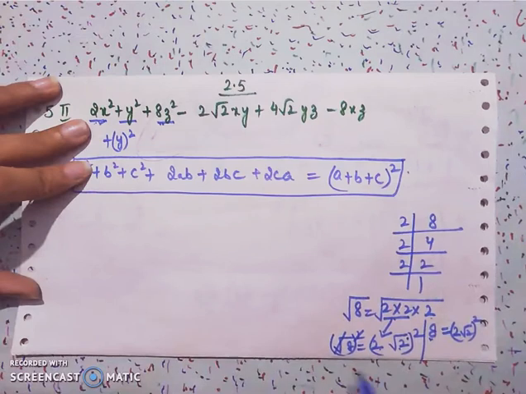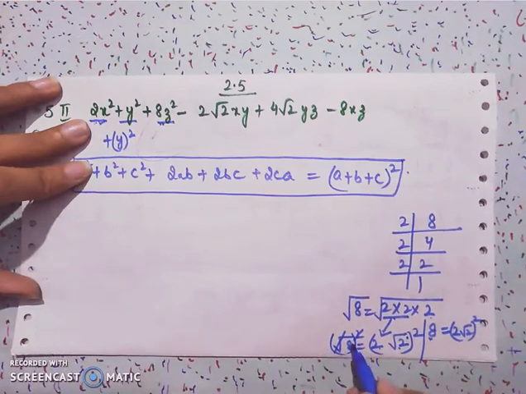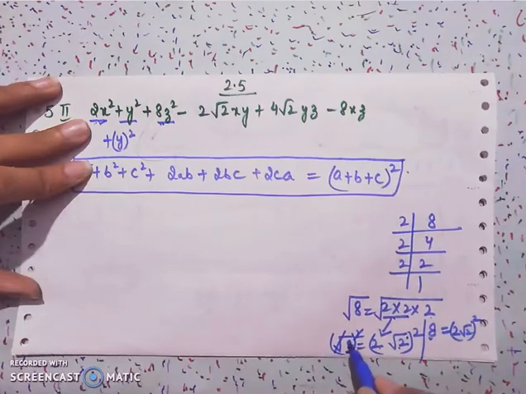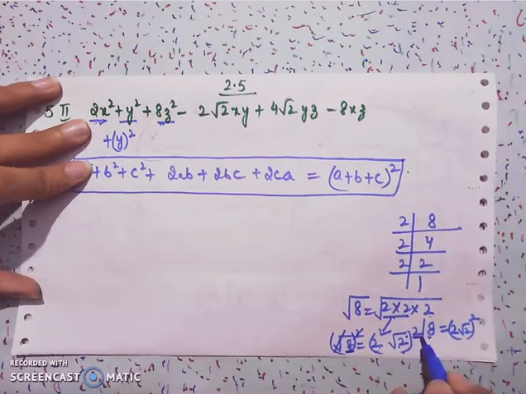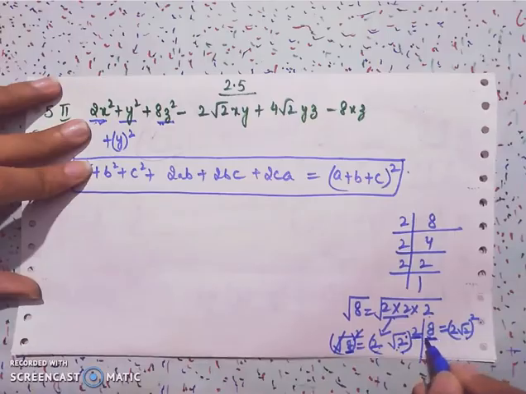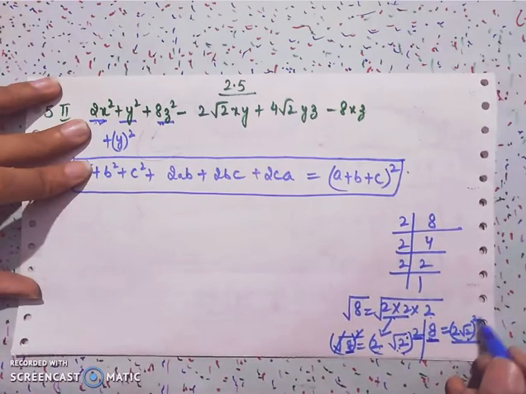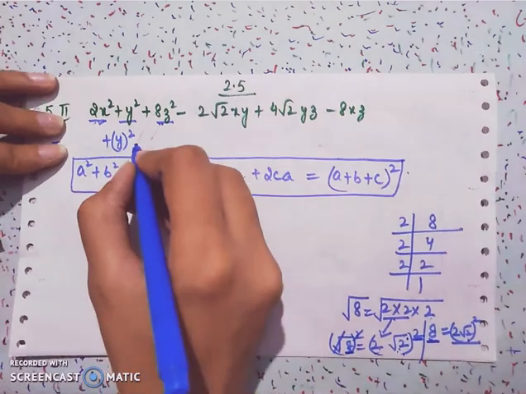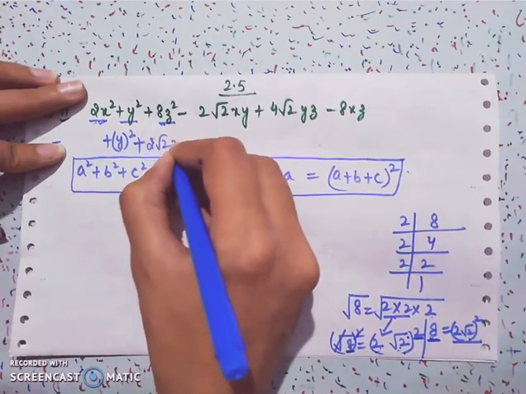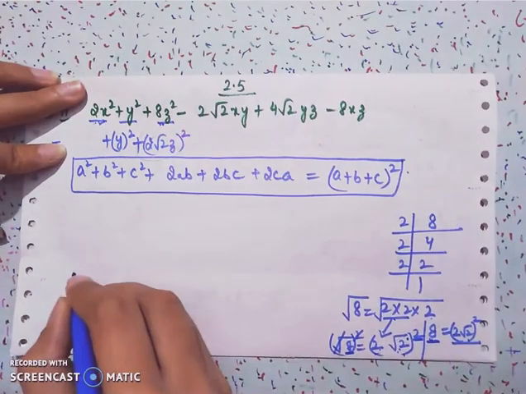Here the root is cancelled because I just wanted to write 8 as a perfect square, but here no calculation will be done because this is already in square form, so this will be kept as it is. That means 8 we have written in the form of the square of some number. So similarly here, 2 root 2 z whole square.